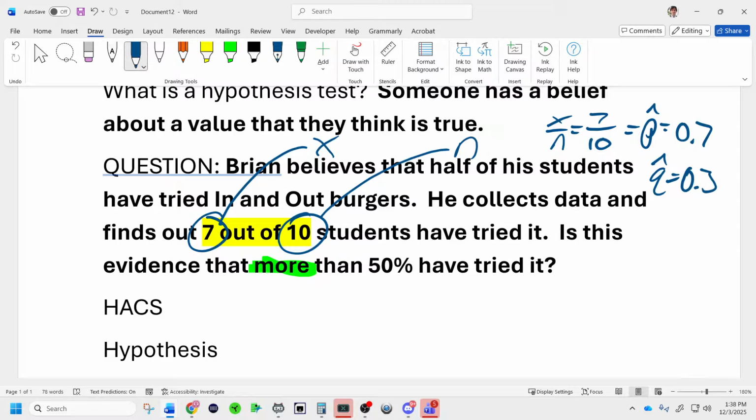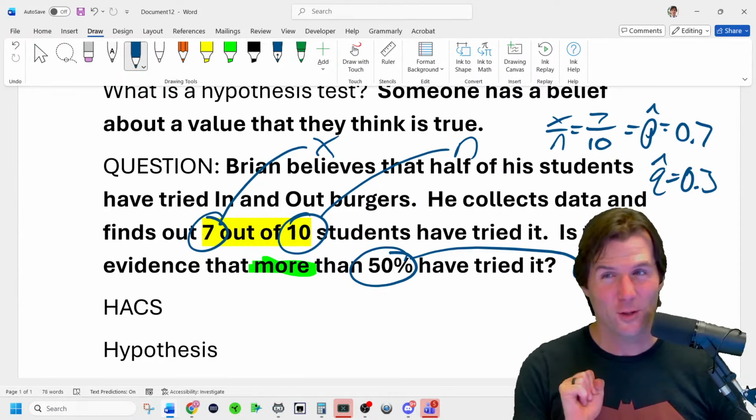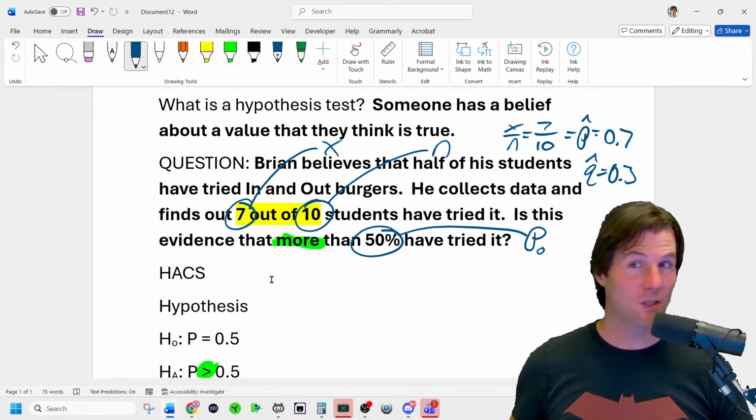And very close on what this is. This is not p, though, because that would be the truth. It is p naught. Great job, Abby. It's very close to p, but it's the hypothesized value, not the truth.